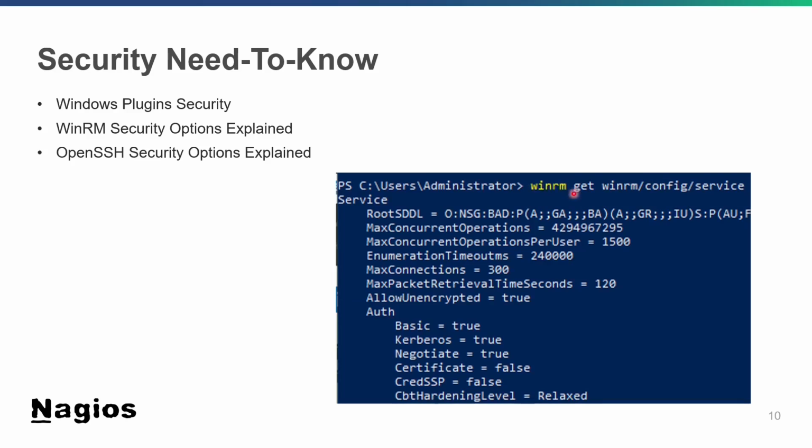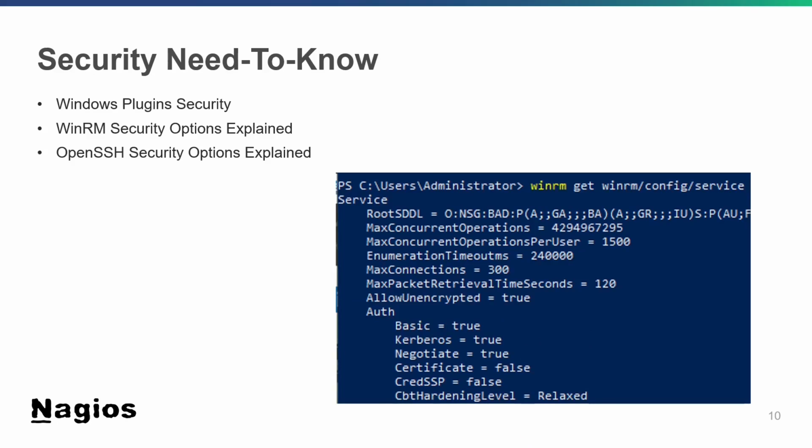Or actually, I think that's not a cmdlet, so you might even be able to do that in CMD if you really want to. But this is part of that output. Do note that the options shown here are from my own Server 2019 setup, where I am trying various combinations of security and authentication and whatnot. These are neither default nor recommended settings.